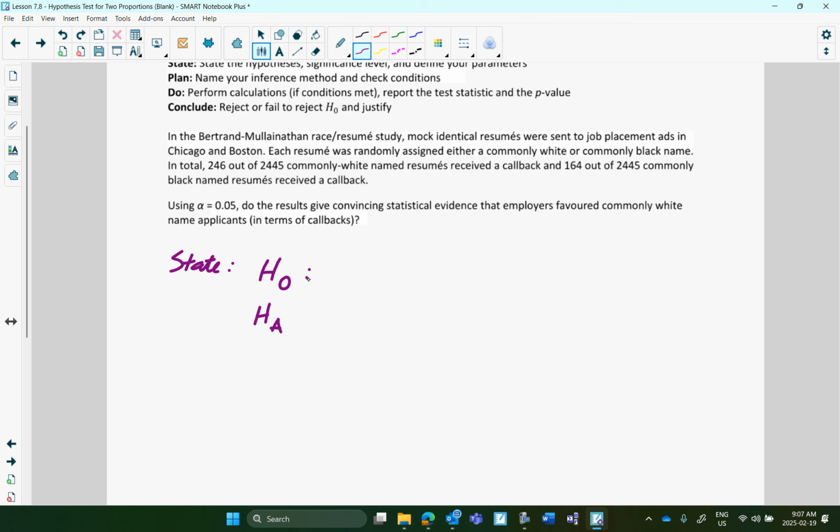So the null hypothesis would be that no difference, P1 minus P2 is equal to 0, if we were to subtract the white names by the black names. Alternative that we're trying to prove, there is a difference. It's greater, more white names.